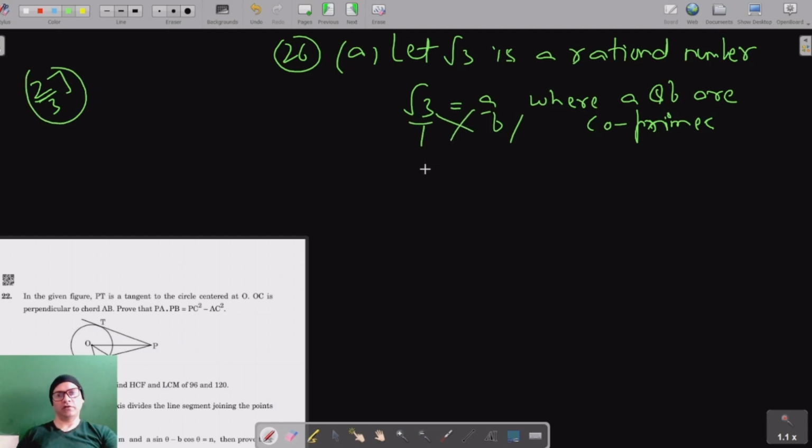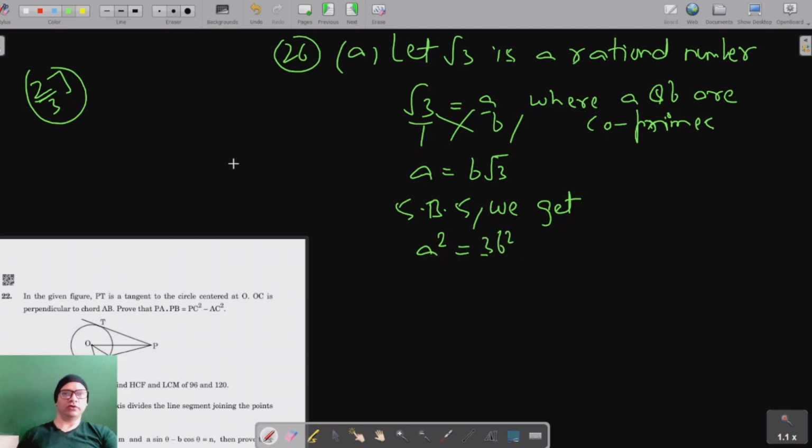So let's cross multiply this, which gives a is equal to b into root 3, and squaring on both sides, we get a square is equal to 3b square. So a square is equal to 3b square means a square is dividend, 3 is divisor, b square is quotient, and remainder is 0.